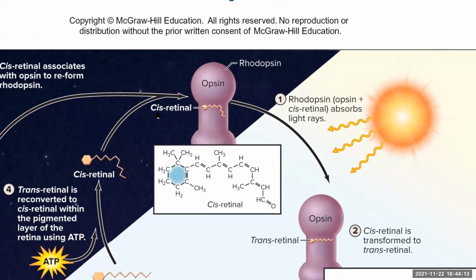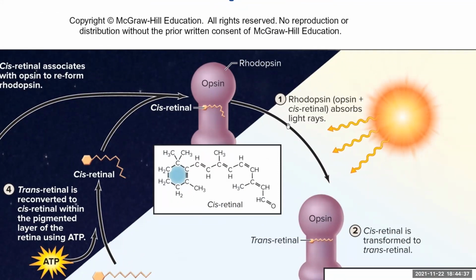It's in what we call the cis configuration, which means we have a slight bend in our hydrocarbon. So in the dark, no problem. Our cis retinal is attached to the opsin protein. We're in dim light, so this photopigment is fully operational.